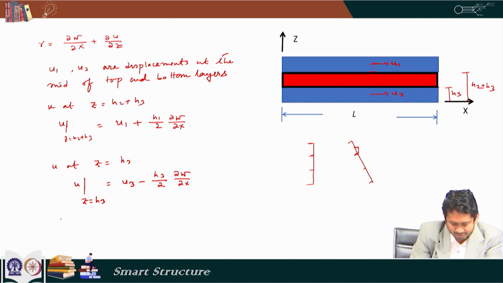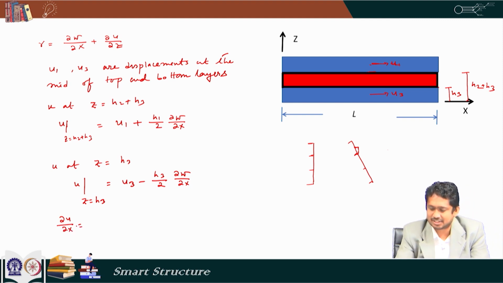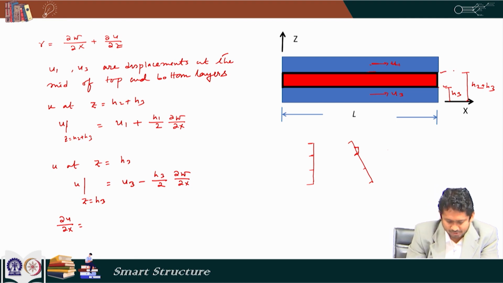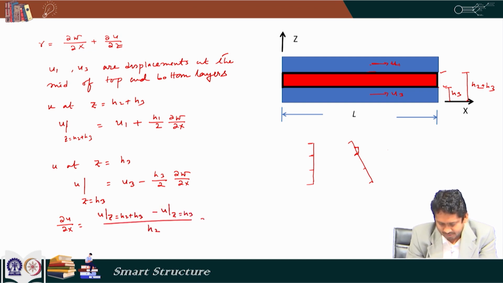So, if I want to find del u by del z now, then del u by del z is just the difference of u between here and here divided by the thickness of that layer, h2. So, del u by del z is u at z equal to h2 plus h3 minus u at z equal to h3, divided by h2.